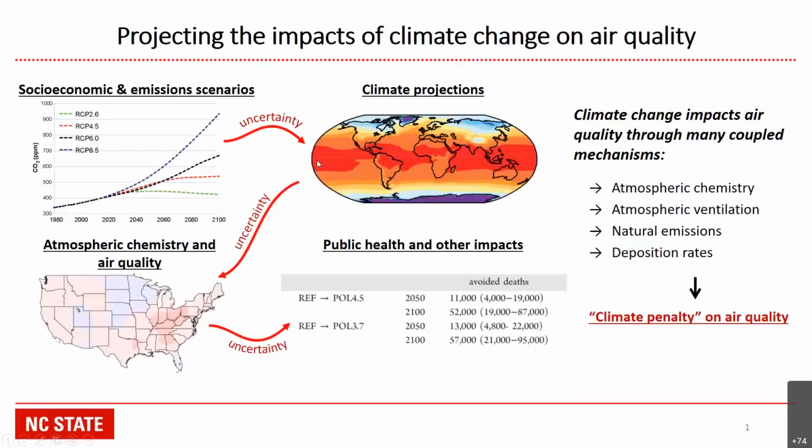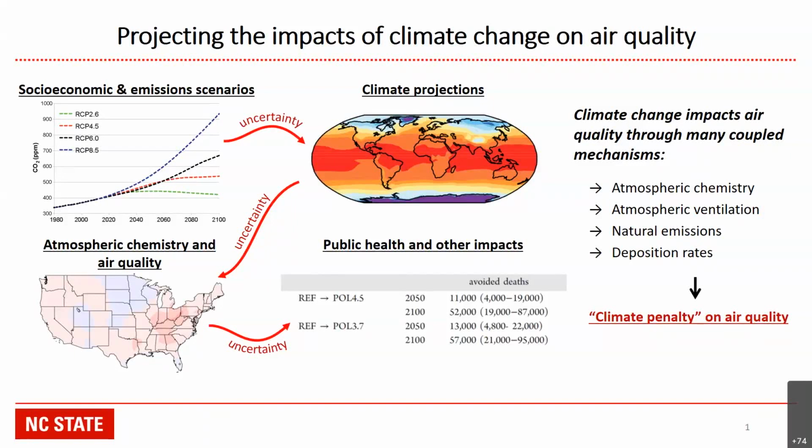To get started, there's been a lot of work from the air quality community looking at projecting the impacts of climate change on air quality. A lot of studies have looked at different ways to project how air quality is going to change under different emissions and climate scenarios.